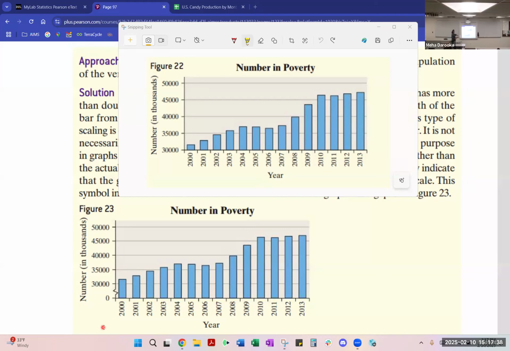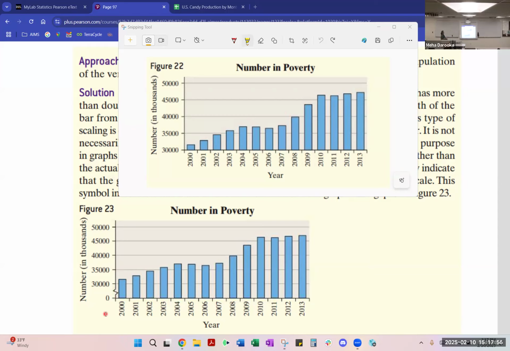So we usually put a little break in the axis with that little zigzag symbol over here to show, hey, your minimum value seems to be starting at 30,000 something.